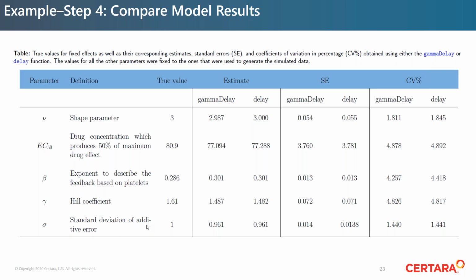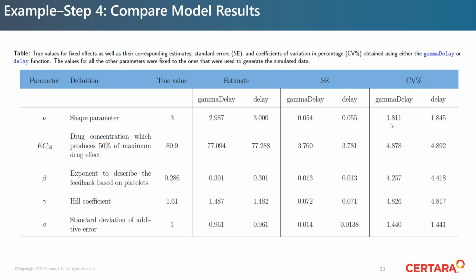And these are the results obtained for fixed effects by using either the gammaDelay function or the delay function. Now, this is the estimate obtained by using the gammaDelay function, and this is the estimate obtained by using the delay function. You can see that the estimates are very close to each other, if not the same. In addition, you can see that for the shape parameter, the estimate is either very close to its true value or the same as the true value.